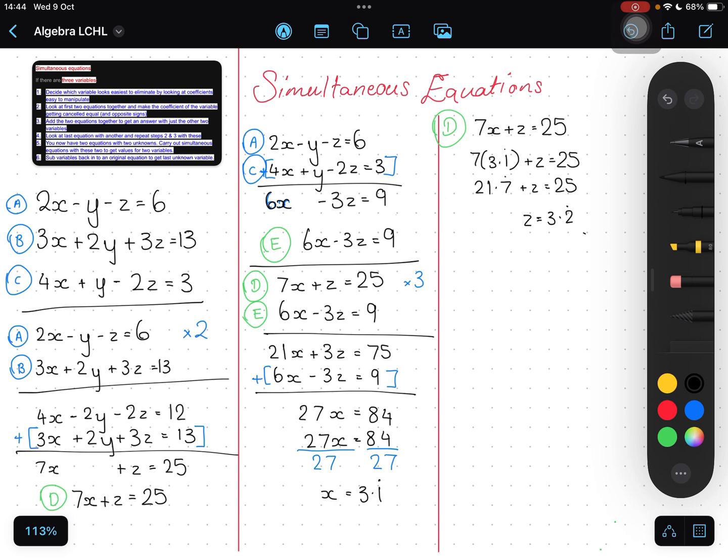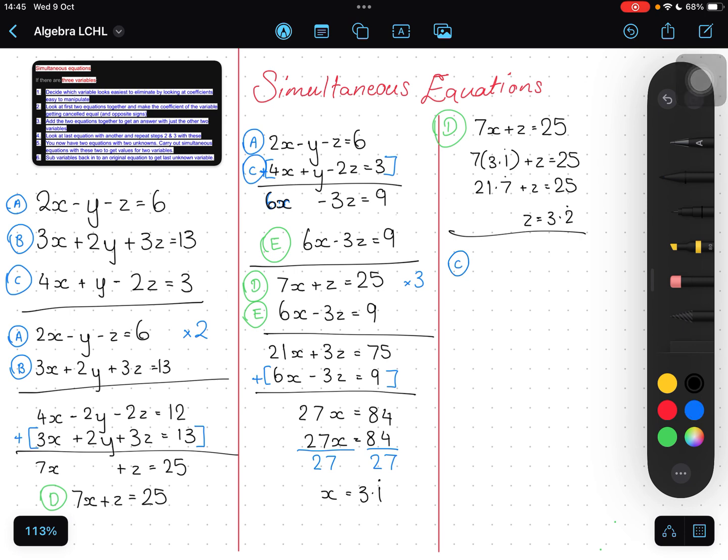So now I have two of the variables, I have x and I have z. Now I'll go back to one of my very original equations where y is also included, and I will decide which one I want to sub into to get y. I think C looks like the one that's going to be the easiest to isolate y in.